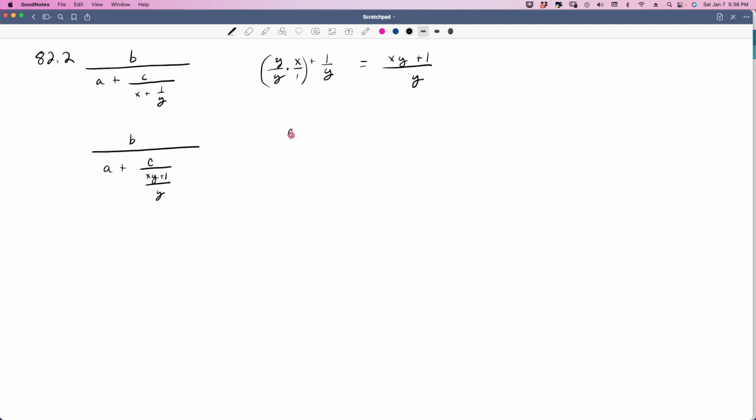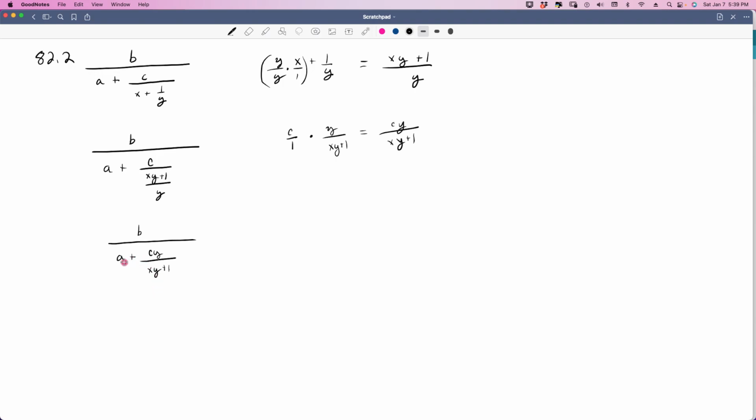So we would turn this into c over 1, and then I would multiply, and I'm going to go ahead and flip it so I can save myself some time, y over xy plus 1. That's going to give me cy over xy plus 1. I'm going to replace this here. So now I have b all over a plus cy over xy plus 1.